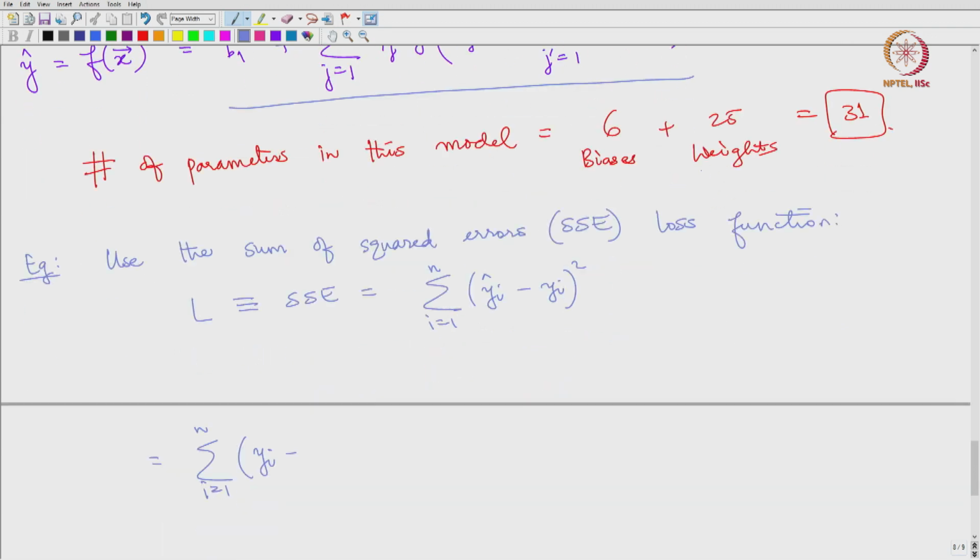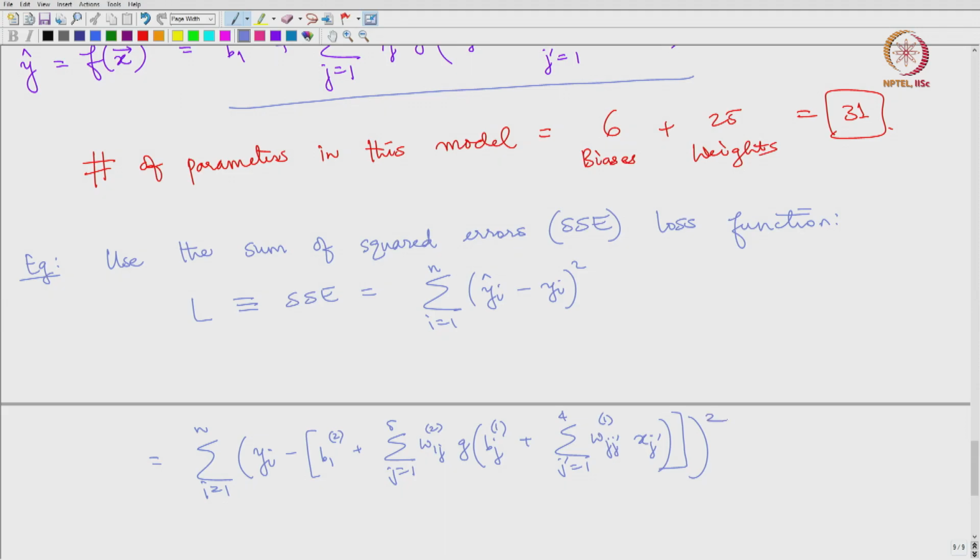So, let us write that here, that is basically B_12 plus the sum over j going from 1 to 5 of W_1j times g of B_j1 plus the sum over j' going from 1 to 4 of W_jj' of 1 times x_j', whole square.